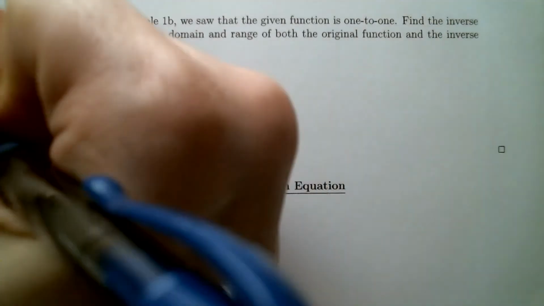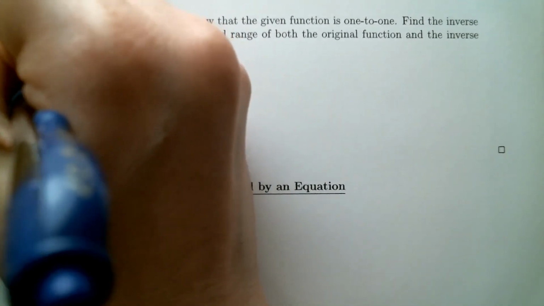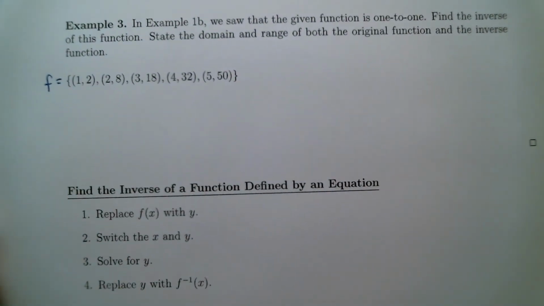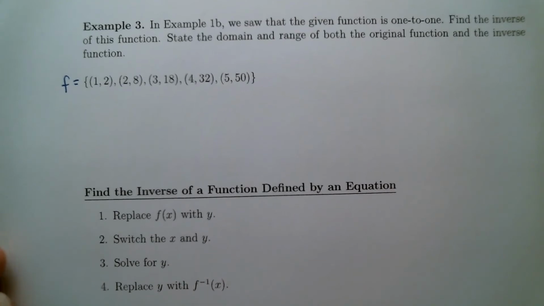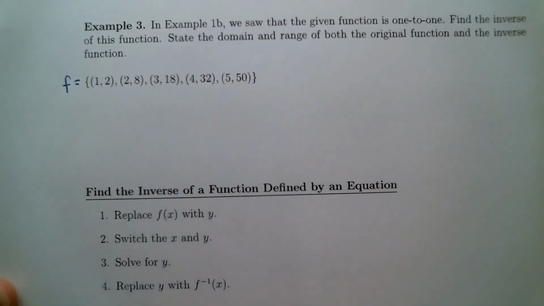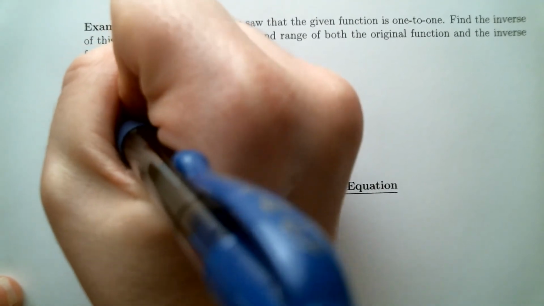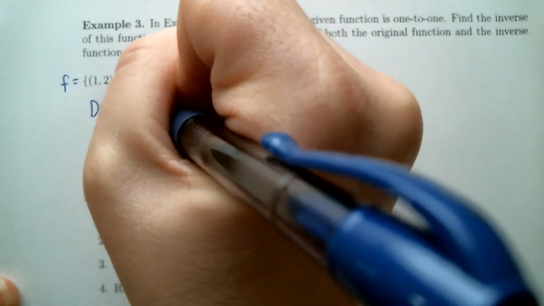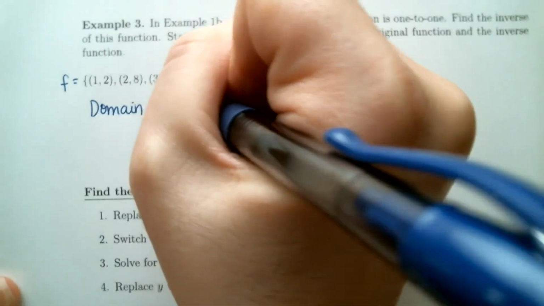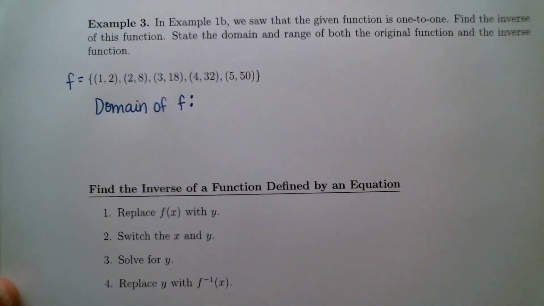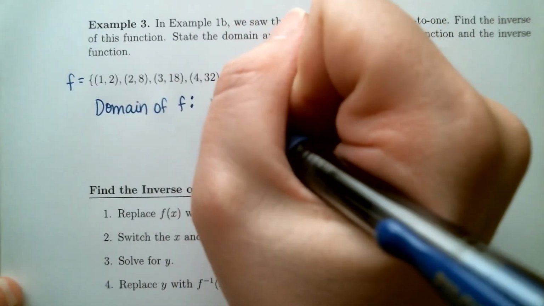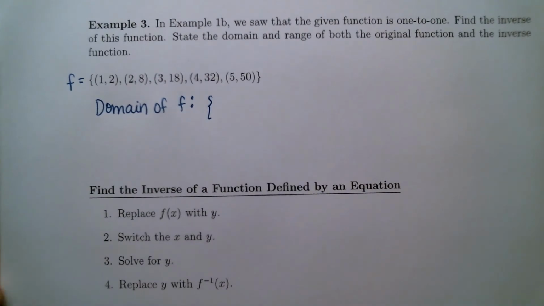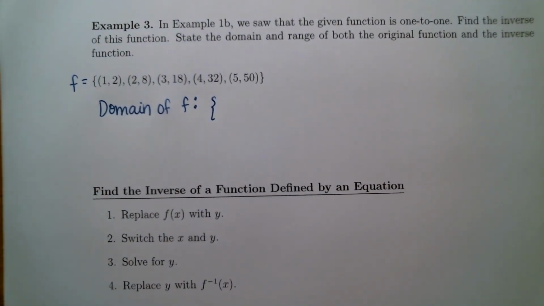I'm going to go ahead and call this f. That's the original function. It's a set of ordered pairs. You can have that as a function. It doesn't have to be an equation. Before we deal with the inverse, I'm going to state the domain and range of this particular function. So remember how we did this. The domain is all the x values, and you're just listing them out. There are 5 different x values.